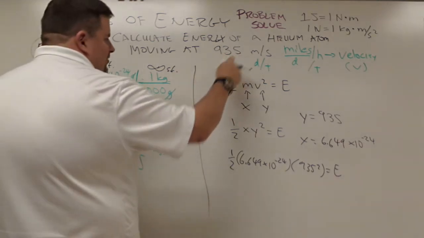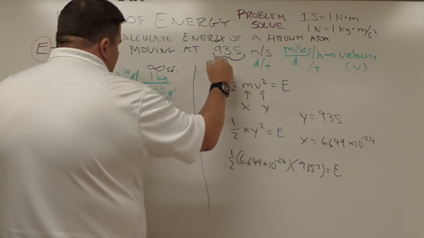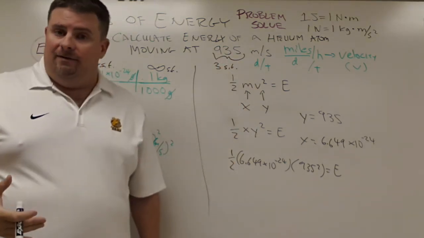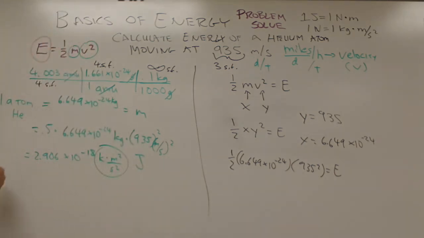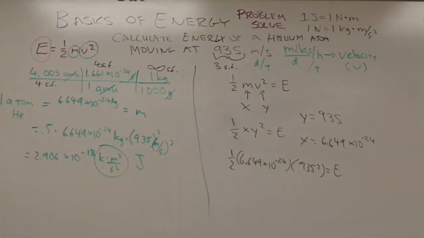How many sig figs do I have with 935? Yes, 3 sig figs. So how many sig figs should my answer have? If you look at this answer, I've got 4. Even though I put it in scientific notation, which is pretty sweet, I've got too many sig figs here. So the correct answer to this would be this. All right? Always double check your significant figures. Okay.